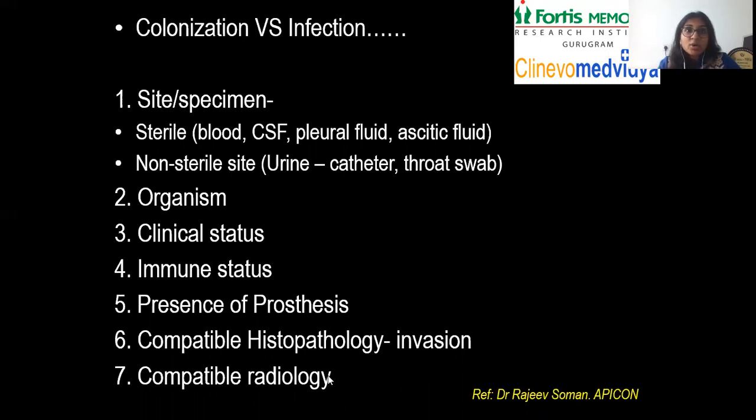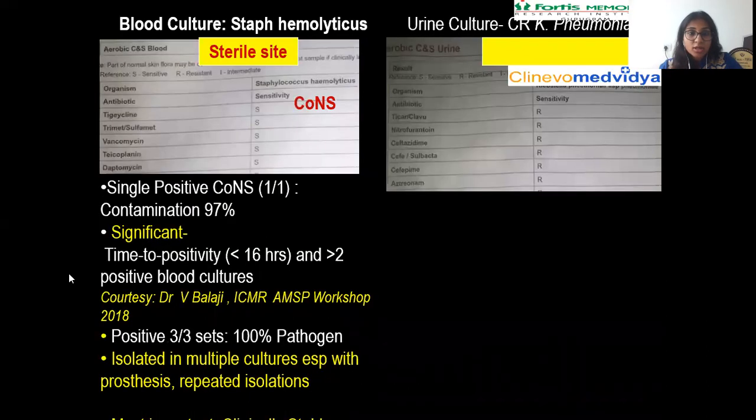Again, a compatible radiology will be useful in identifying, for example, a patient who is in the ICU has multiple nodular infiltrates and subsequently has Aspergillus positive from the ET secretion, which can help in suggesting that the Aspergillus isolated is not a colonization but a true infection. So everything is important, compatible histopathology as well as radiology. All this will actually help us in differentiating colonization from infection.